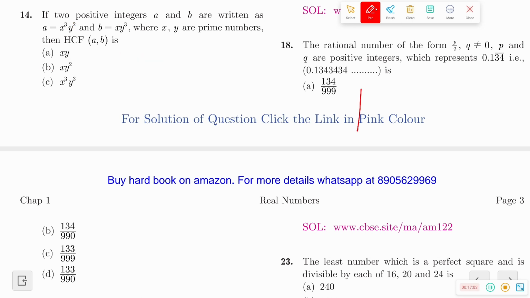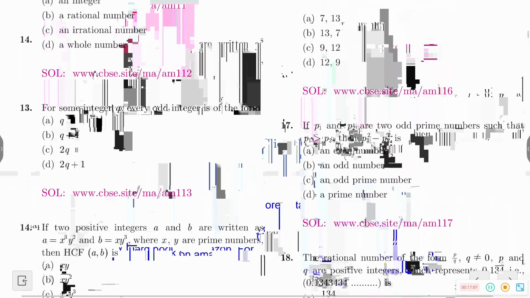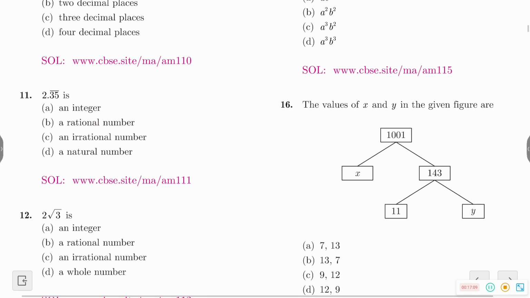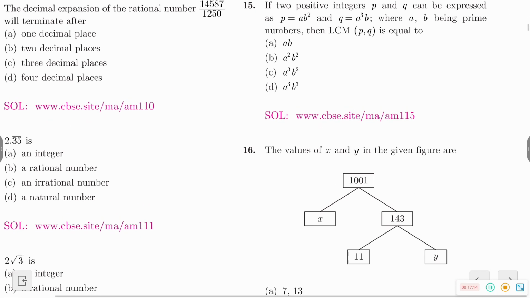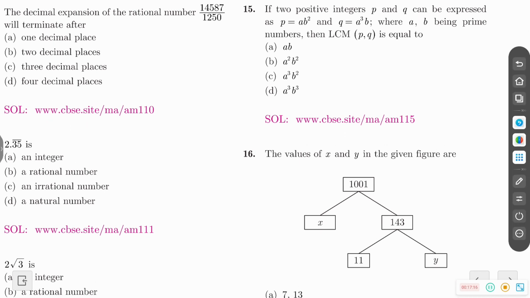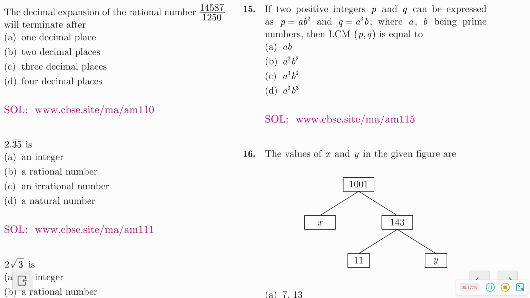Now coming to question number 15, it is about LCM again. So here we have to list out all the different factors in the prime factorization and take their highest powers.